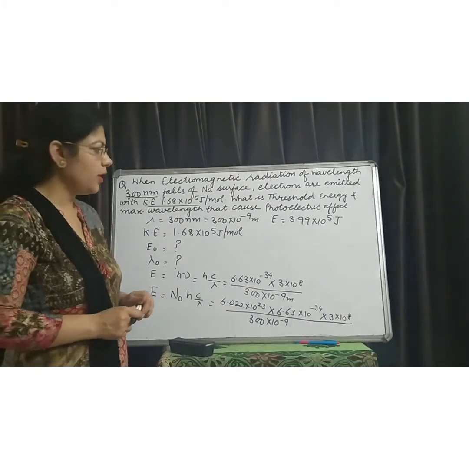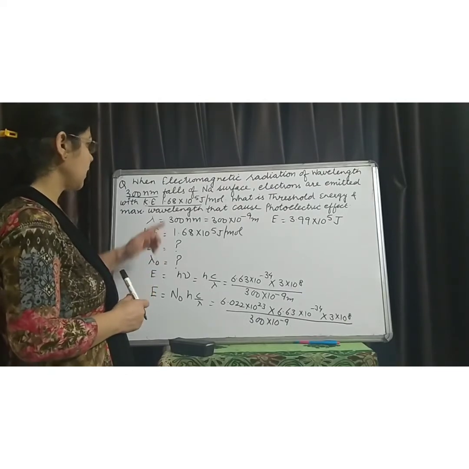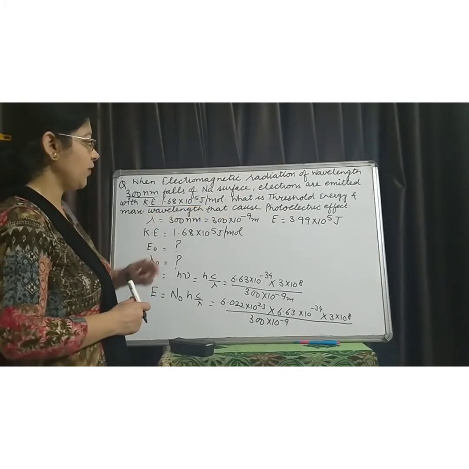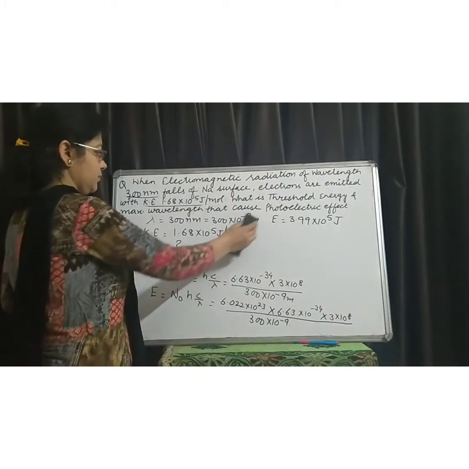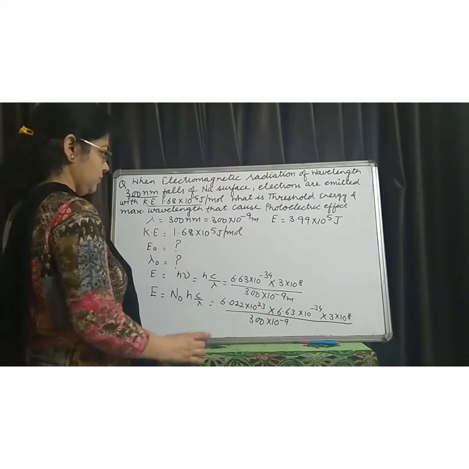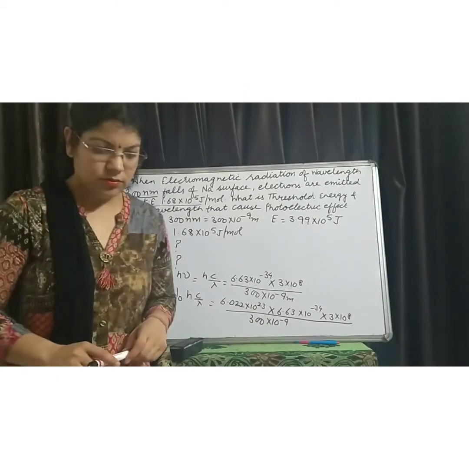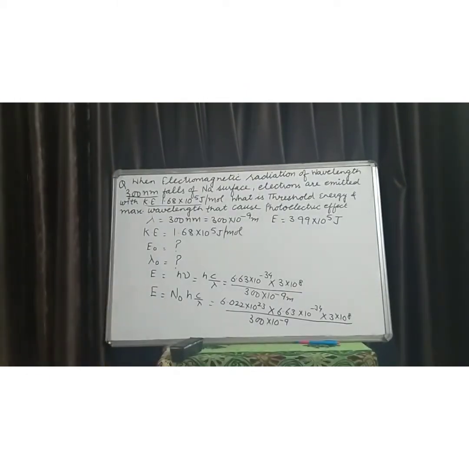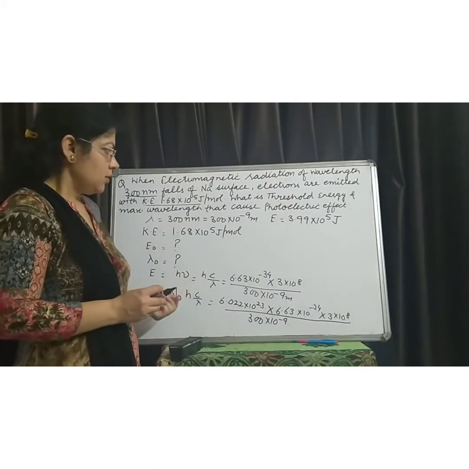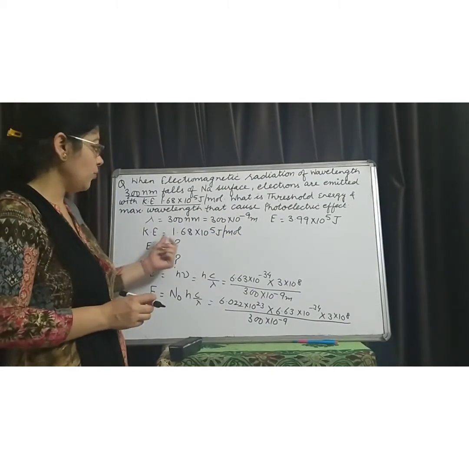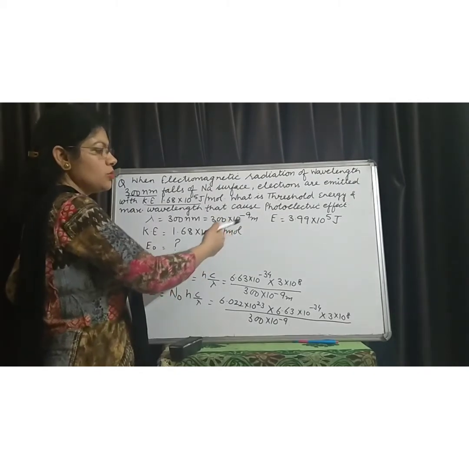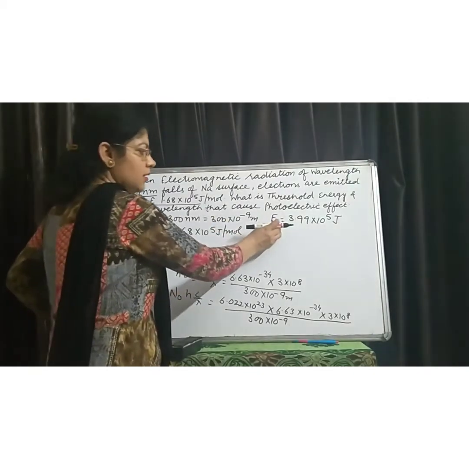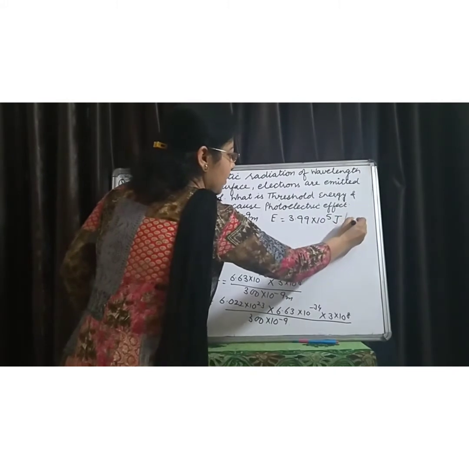Next, you have to calculate the threshold energy and wavelength. We know that this is the energy of 1 mole of photons, or you can also say that this is the energy in joule per mole.